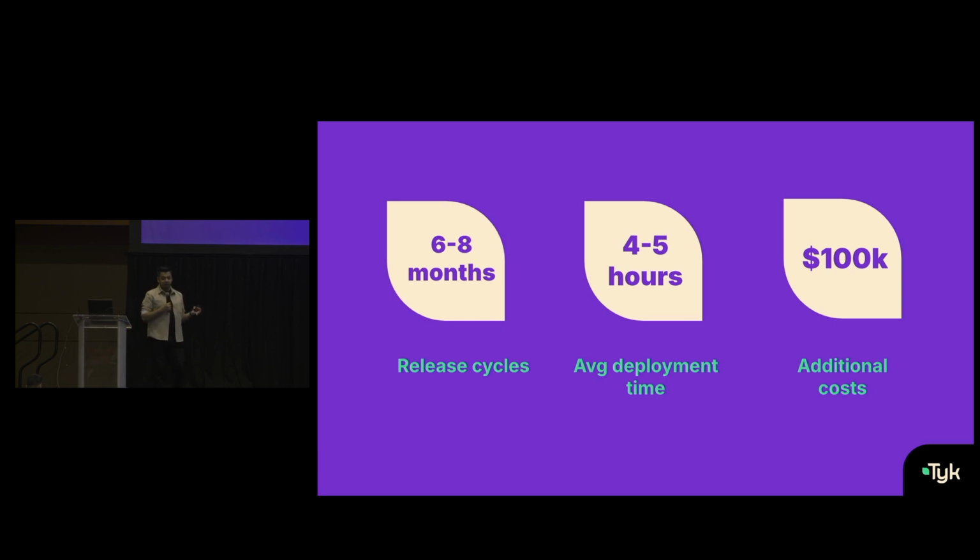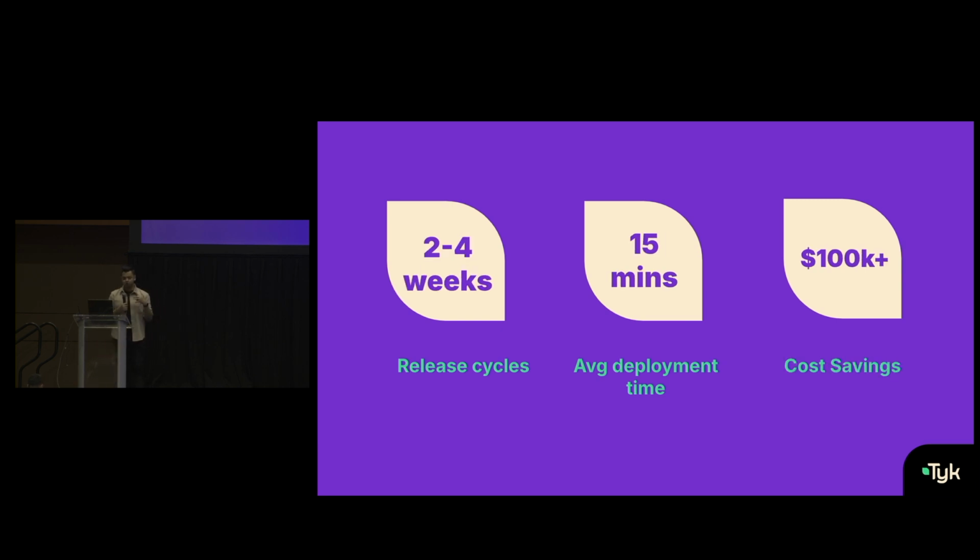Additional costs, again, by virtue of no standardization and things that they might just not be focusing on enough, could be in hundreds of thousands of dollars there, which if you then map back to a successful API platform and what it could accomplish, your release cycles can be whittled down from months to weeks. Your average deployment times from hours to minutes, and cost savings, thousands of dollars plus. And who doesn't want that, obviously?